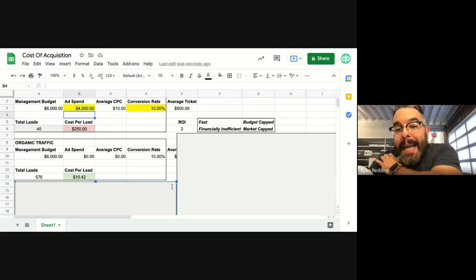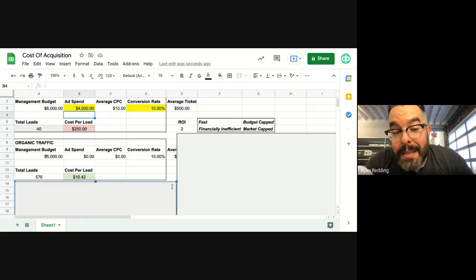So right out of the gate, you can see that it's functioning more efficiently, because not only are we not limited by budget, there's no ad spend limit holding this back, we're only limited at this point by the market potential. No budget limitation. So because there's no budget limitation, we can get a whole lot more leads at a much cheaper cost.